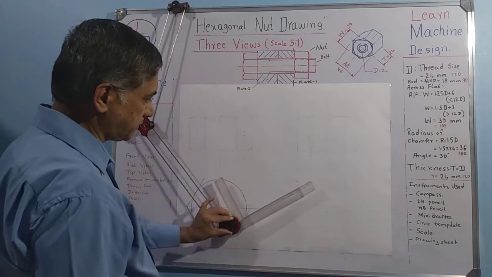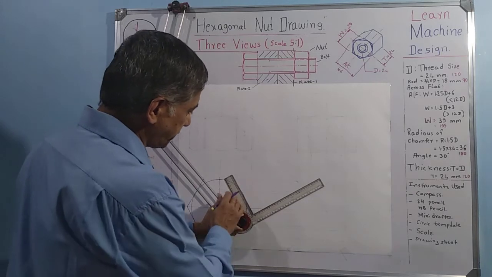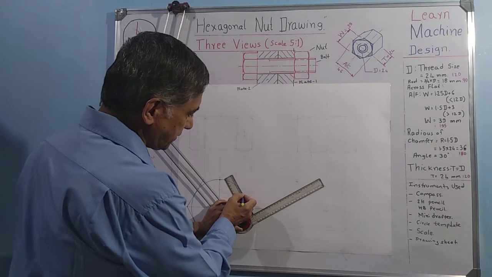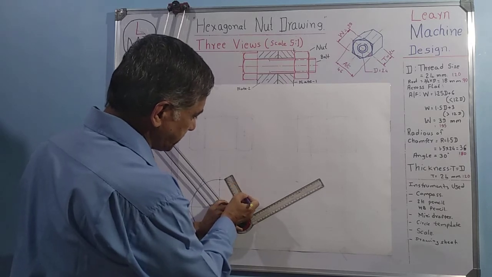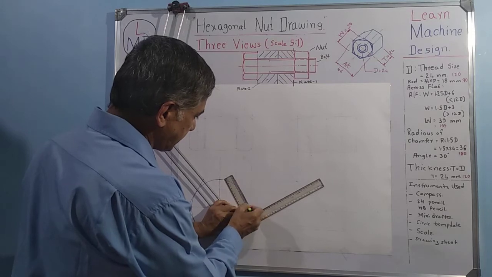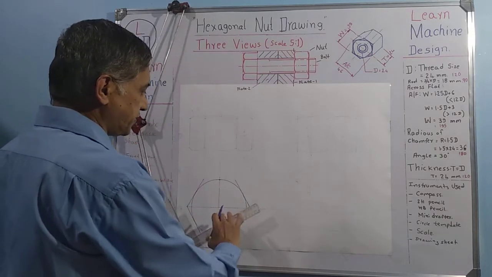Then take this mini drafter again, this side also, without disturbing the scale, and make a line just touching this circle. So 1, 2, 3, 4 are ready now.